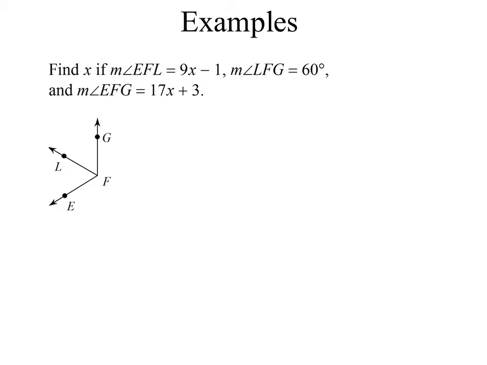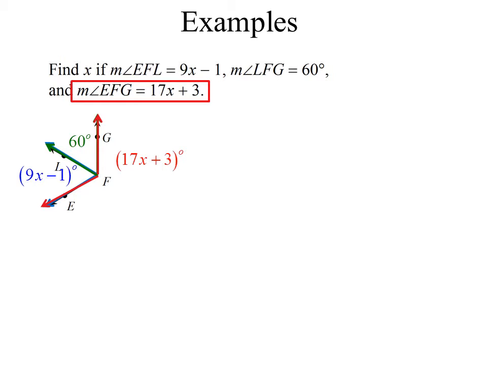Now it says find x if the measurement of EFL is 9x minus 1. Well, let's find that angle. There's EFL, and it's 9x minus 1. The measurement of LFG is 60. So there's LFG, it's 60. And they've told us now that the measurement of EFG, which is the whole big angle, is 17x plus 3.